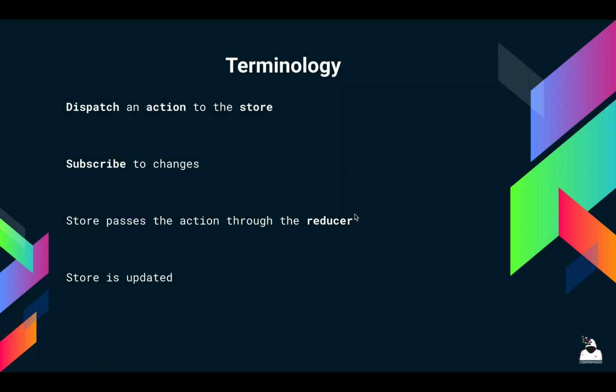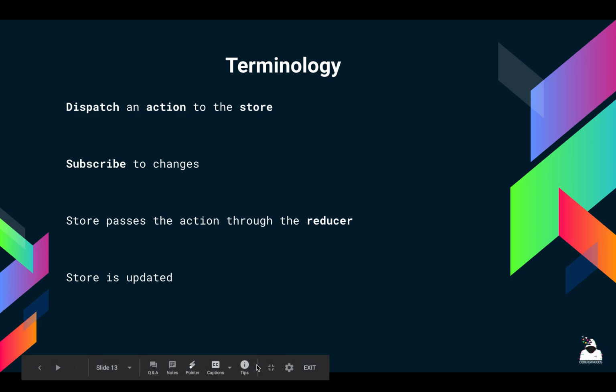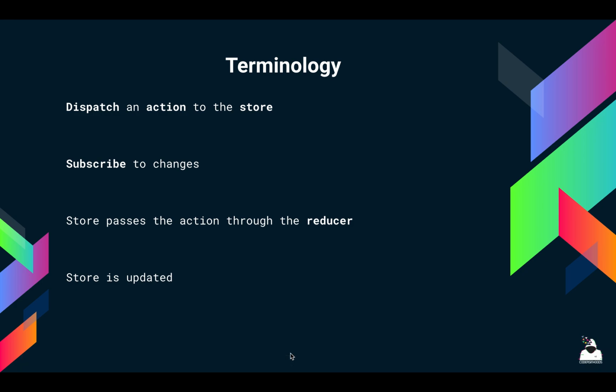Okay, some terminology. Some of this will be repeating what I've already said, but there's quite a bit of new terminology here. So we dispatch an action to the store. That's how we describe calling those functions, how we tell the store that we want to count up or down or whatever.